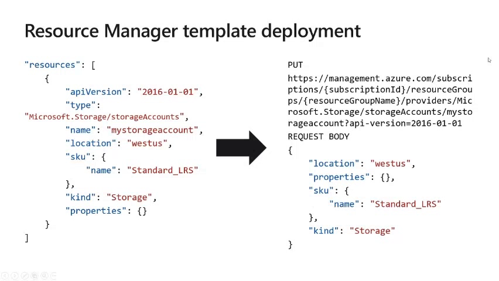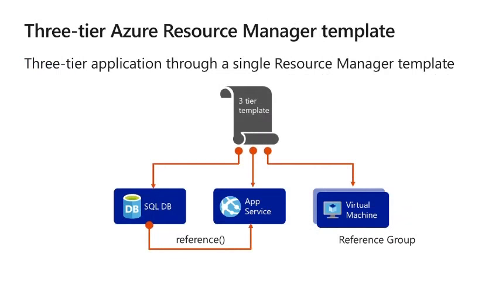Resource groups, resource group name, providers, Microsoft.Storage, storage accounts, my storage account, API version this. You put this with this body, and you easily get a storage account with this ARM template.